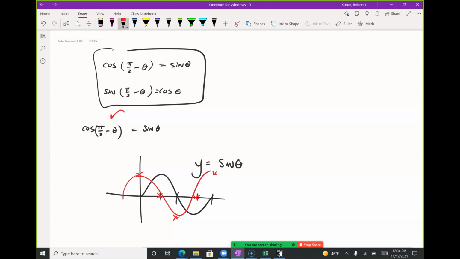To the right, yes. Remember, the insides behave inversely. So what do I need to put in there to make it 0 on the inside? Plus pi over 2. So I'm going to take my cosine curve, can you see it already? And shift it over to the right by pi over 2, and look what it becomes.